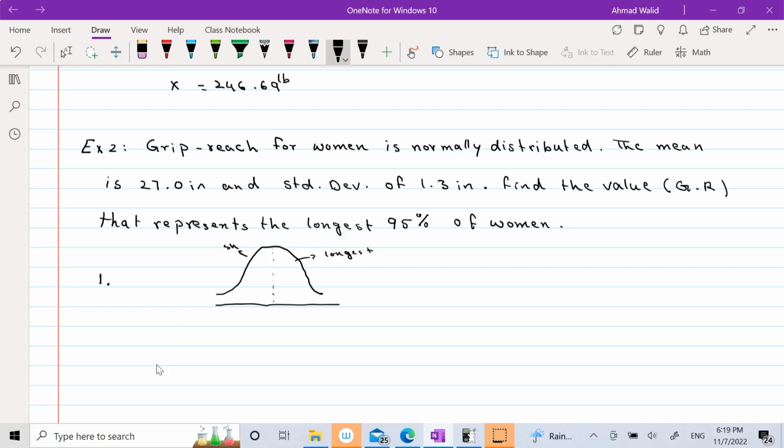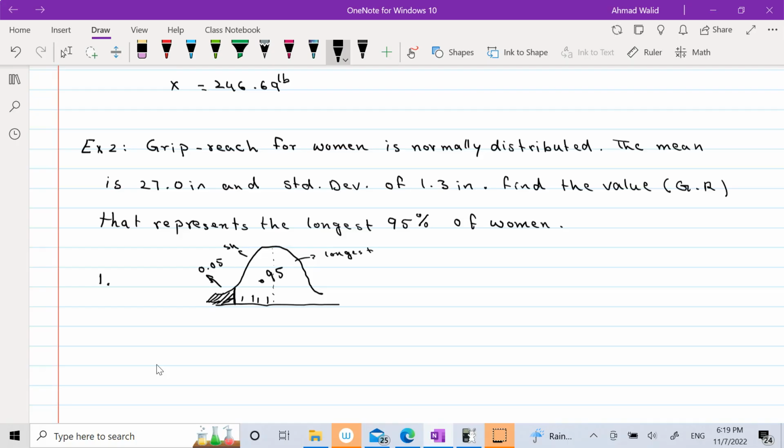This is 50%. This is 60, 70, 80, 90, 95. I have to draw here my line, correct? This is 0.95. Which side should I shade? I should shade this side, correct? If it's 0.95, of course, the shading area will be 0.05, another 5%.